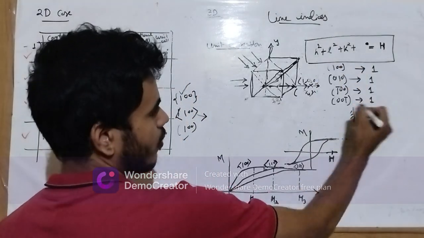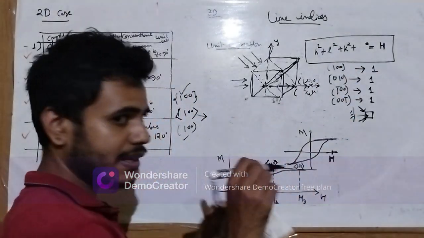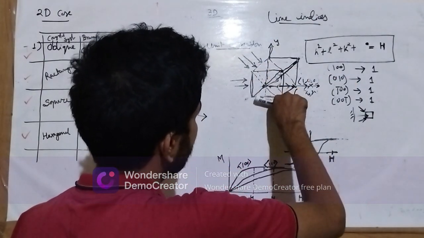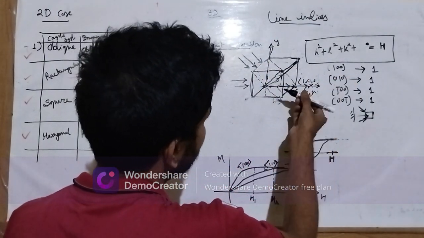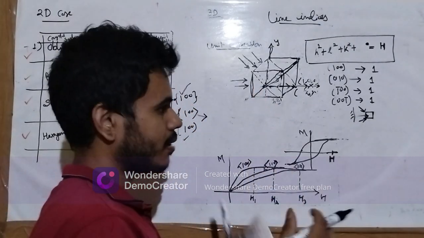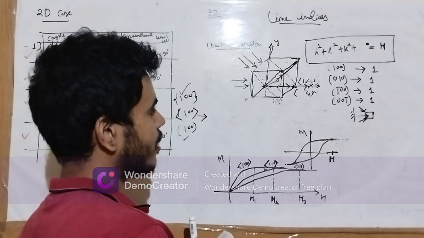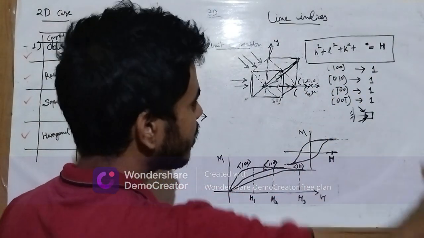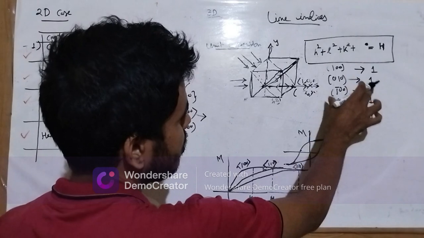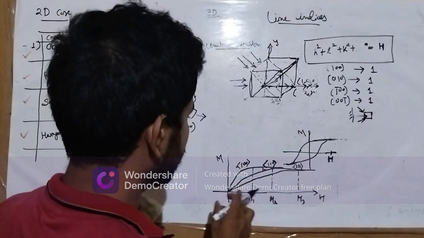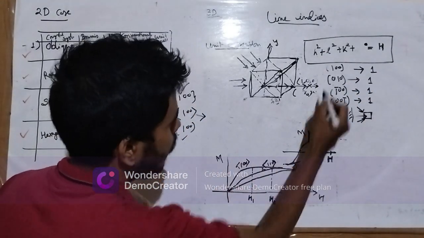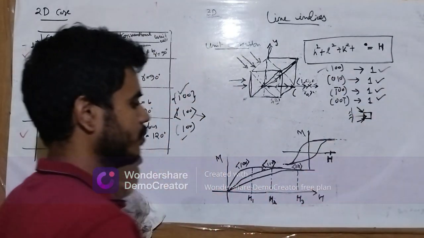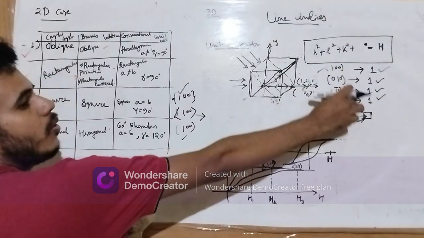So for all these lines, the lines are different, this line will be like this and the minus bar will be in the opposite direction. From the outside, a person will say that these lines are different, but all the properties of these lines are the same. Here, for all these lines, the magnetization will be the same value, and the H1 value will be the same for all these lines.